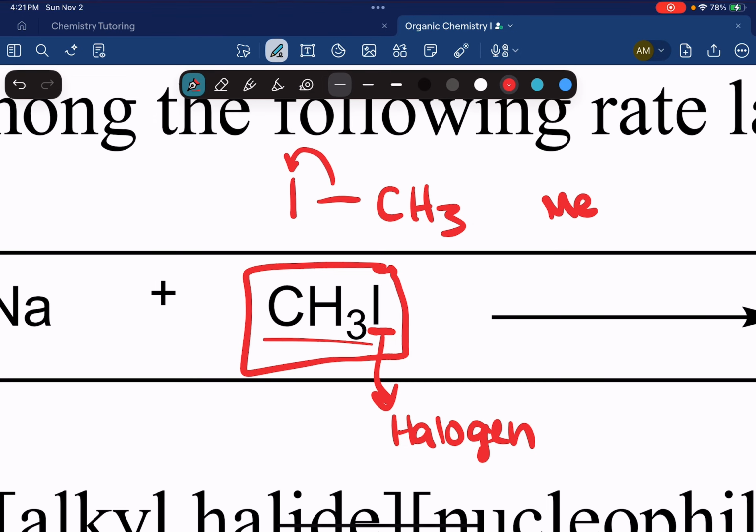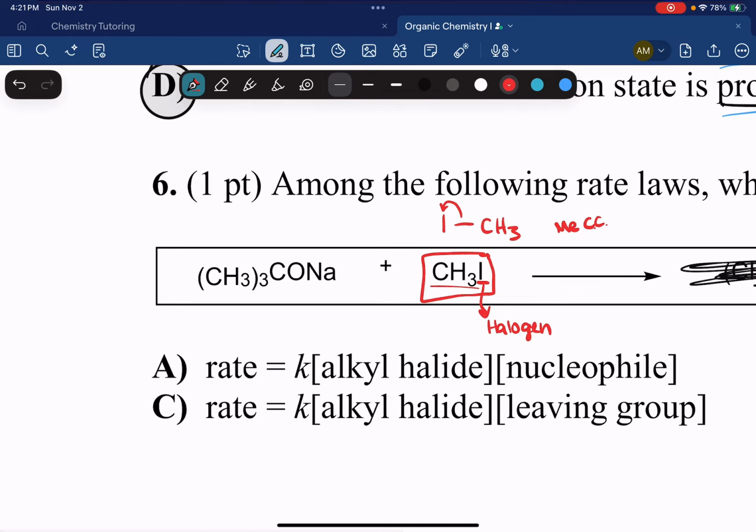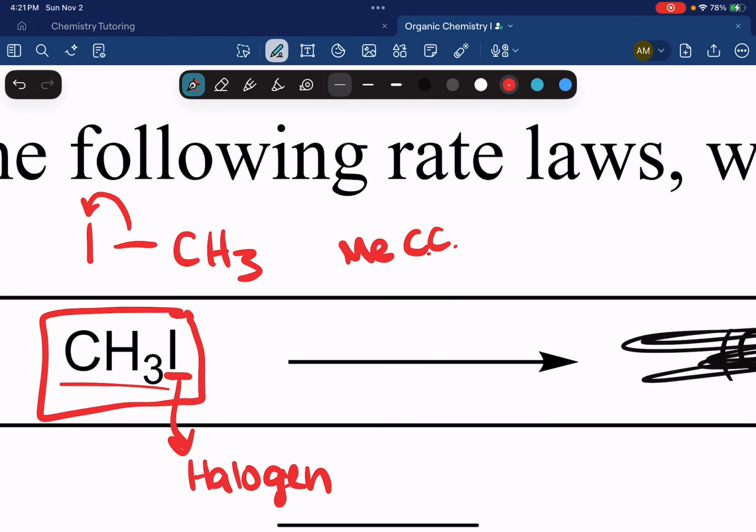Because if this leaves, it's going to be a methyl carbocation. Now, does that seem like something stable enough to exist? Or do we think maybe this reaction has to happen simultaneously because this is not stable enough to exist?